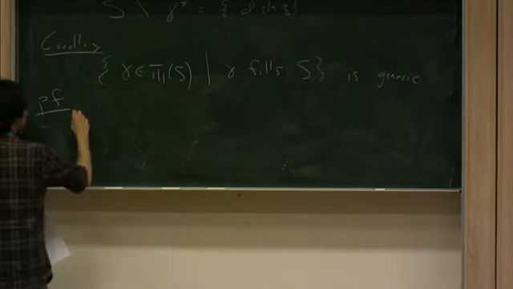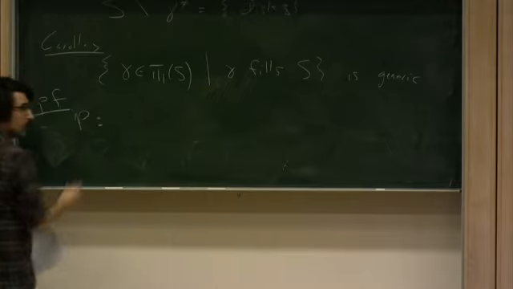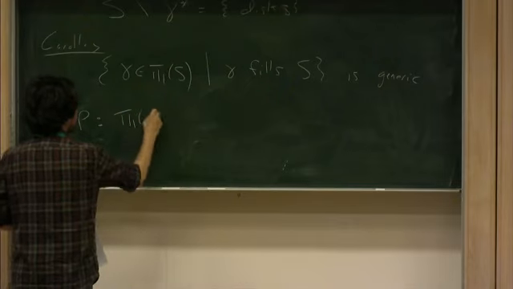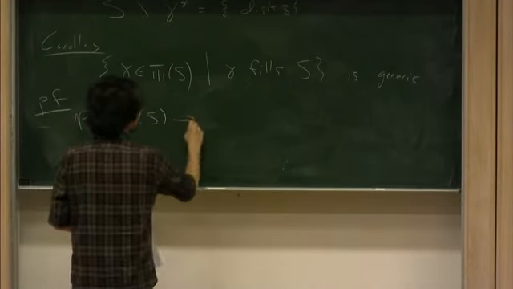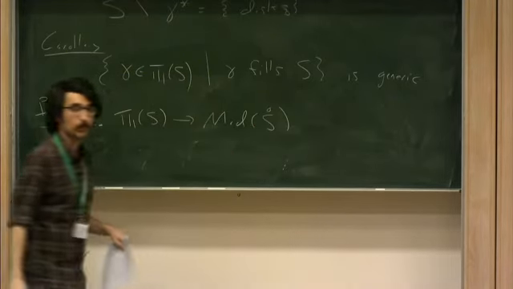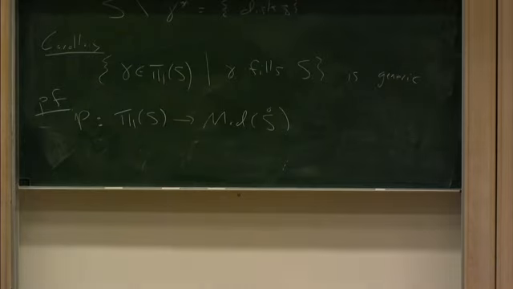So there's a map, a homomorphism, P. It's the point-pushing homomorphism from the fundamental group of S into the mapping class group of S with a puncture. Right, so it takes the puncture and it pushes it around the surface according to the curve you choose in the fundamental group of S.